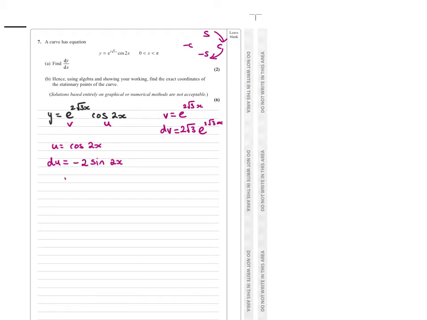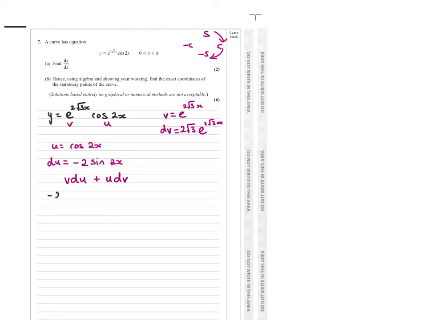Okay, so now I'm going to have v du plus u dv. So my v is e to the 2 root 3x multiplied by du.